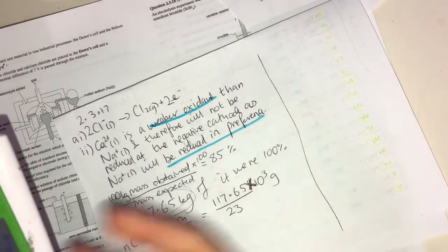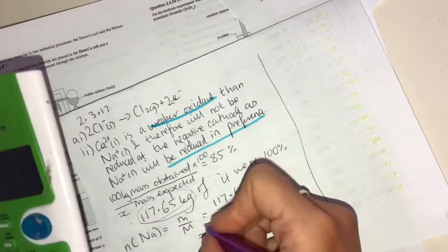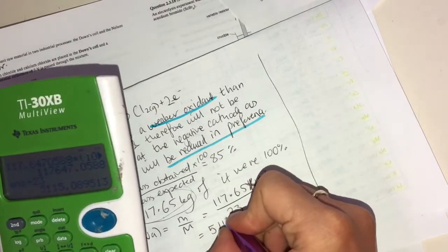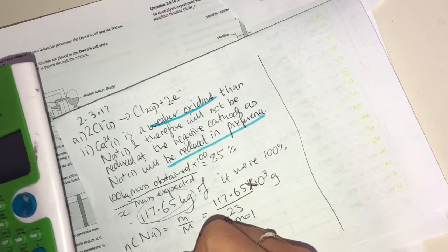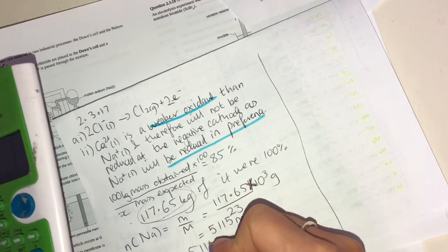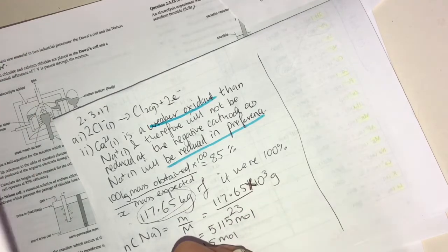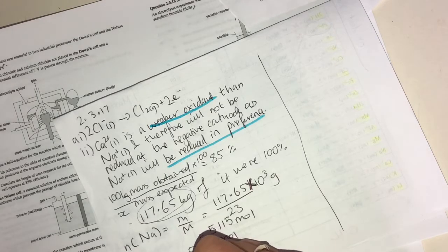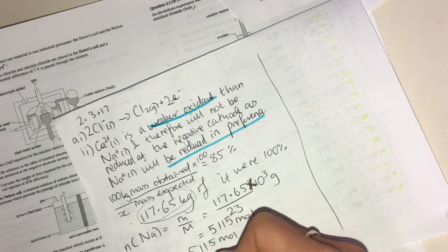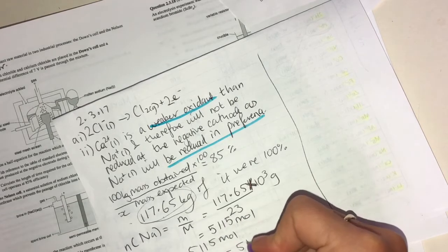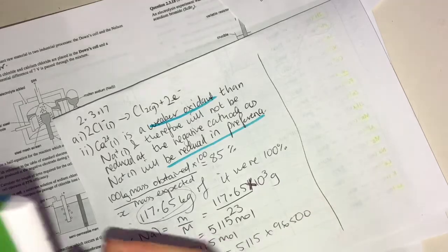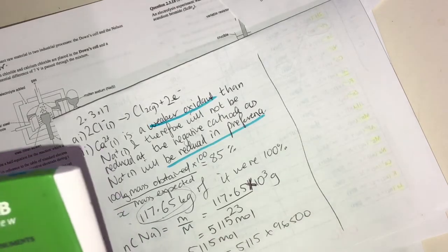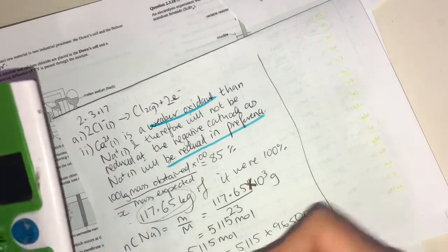Divided by 23 equals 5,115 mole. Moles of electrons, well, we know it's a 1-to-1, equals that many mole. Q equals Ne times F. 5115 times 96500. Huge number.